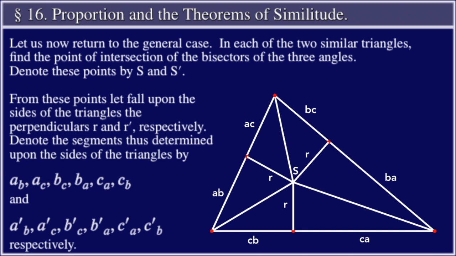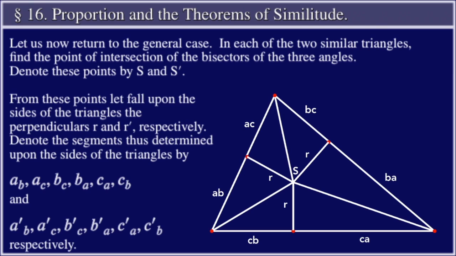In each of the two similar triangles, find the point of intersection of the bisectors of the three angles. Denote these points by S and S'. From these points, let fall upon the sides of the triangle the perpendiculars R and R' respectively.